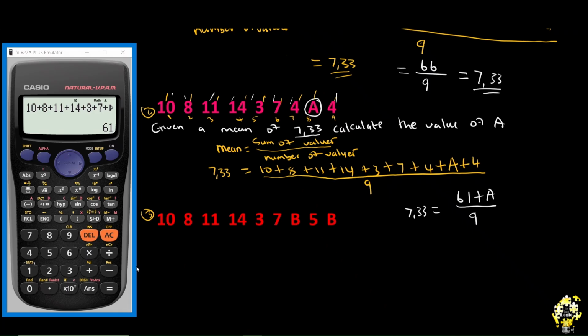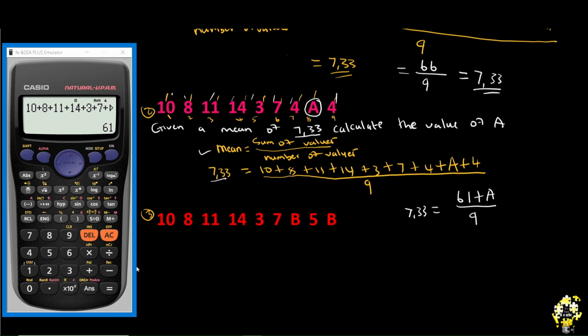Anyways, let's get back to business. So, we first came up with the formula. Mean is equals to sum of values divided by the number of values. Because mean was given to us, it was 7.33. We added them, 10 plus 8 plus 11 plus 14 plus 3 plus 7 plus 4 plus A plus 4.